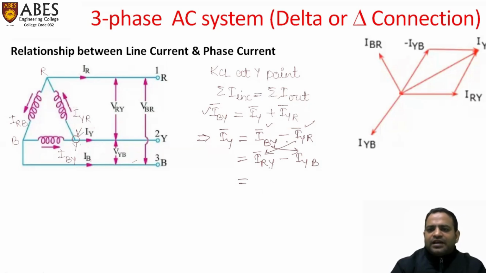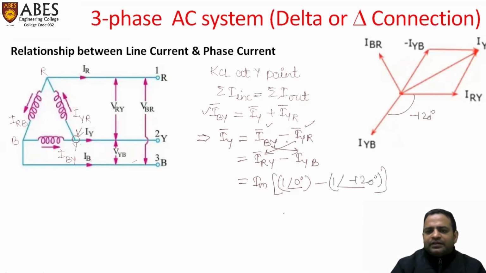What is the value of IRY? Taking Im common, 1 angle 0 degree minus IYB, which is minus 120 degree apart. So minus 120 degree. What is the resultant? Im 1.732 at an angle 30 degree, as here.